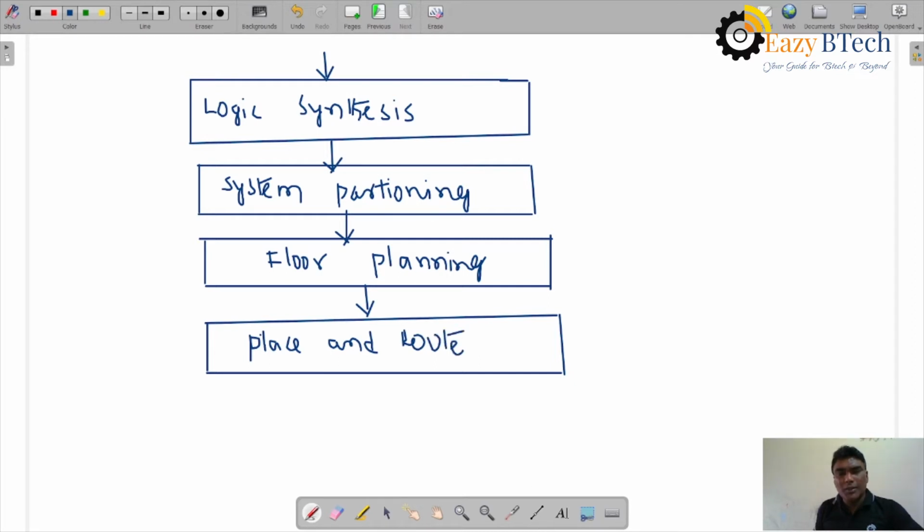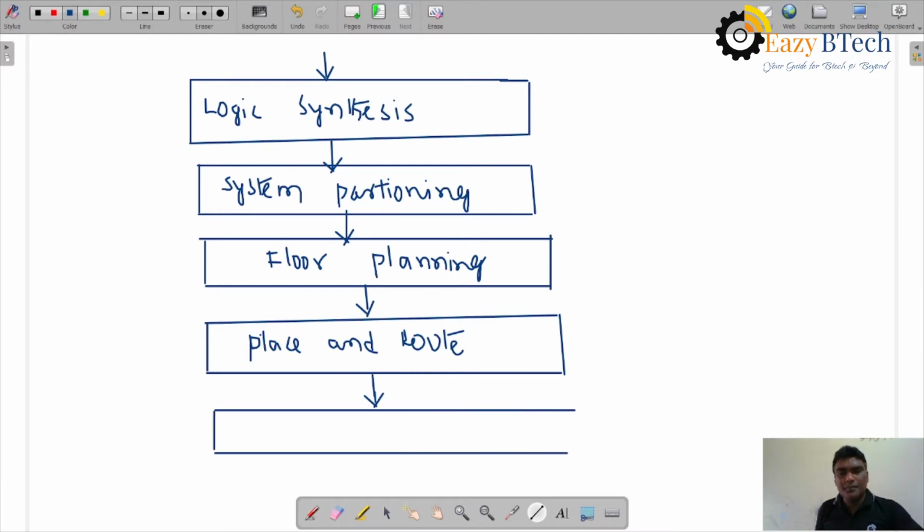After place and routing, we can check the timing simulation.